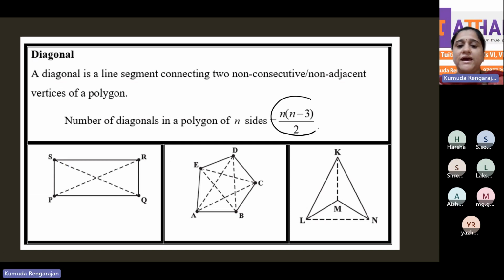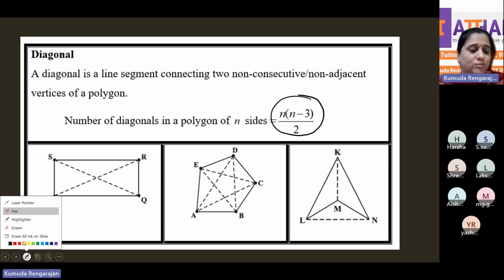How many diagonals does a polygon with n sides have? We have a formula to calculate the number of diagonals a polygon can have, and it's given by n into n minus 3 by 2.